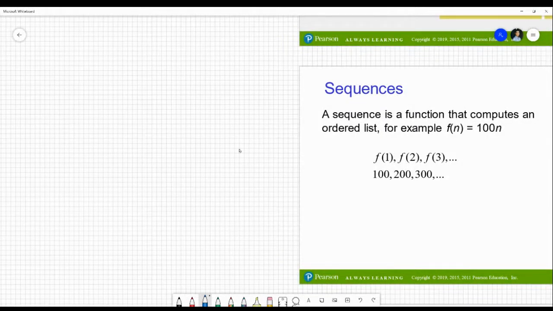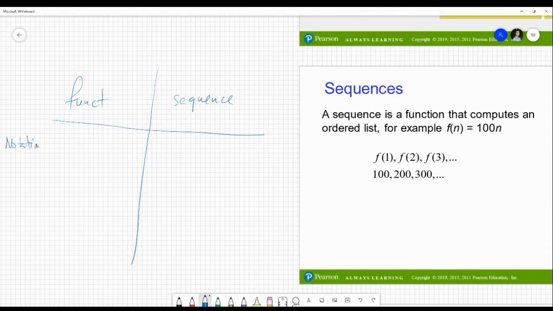So a sequence is nothing more than a function where the domain is all whole numbers. So let's compare the two. First of all, let's look at the notation. We use f of x, g of x, or h of x to denote a function.